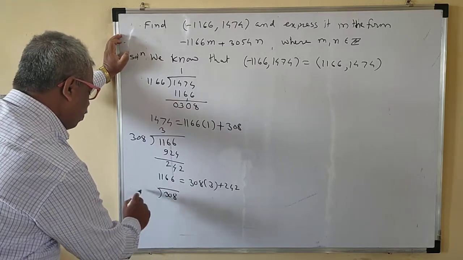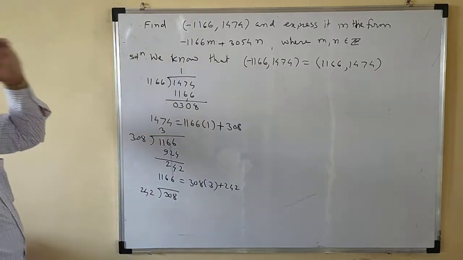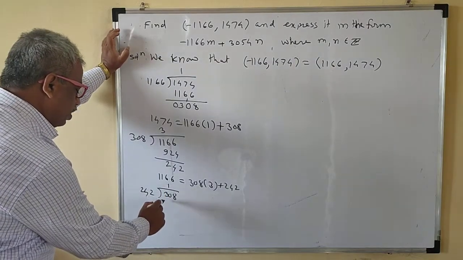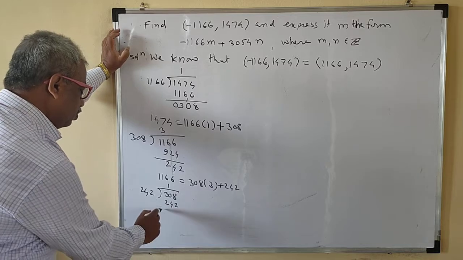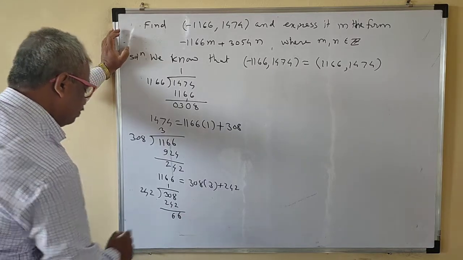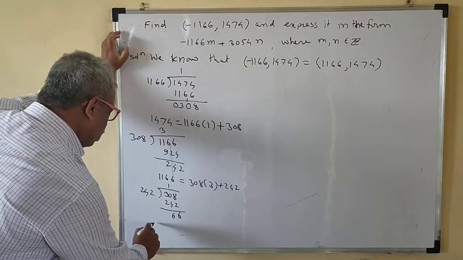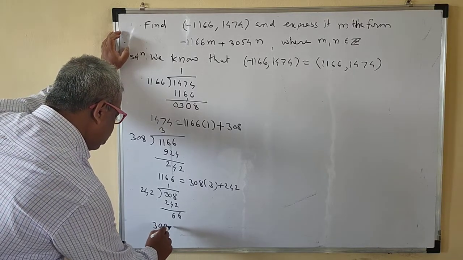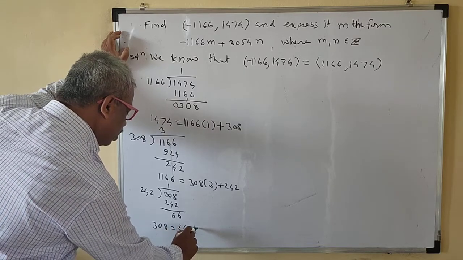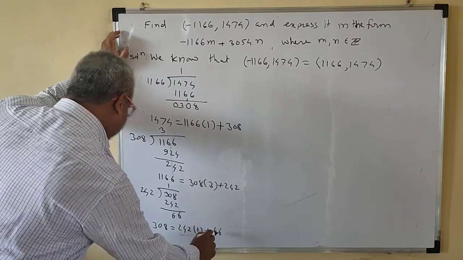Now we'll divide 308 by 242. Again, this is a 3-digit number and this is also a 3-digit number. So we'll do this: 308 is equal to 242 into 1 plus 66.